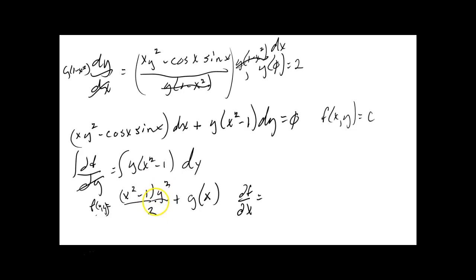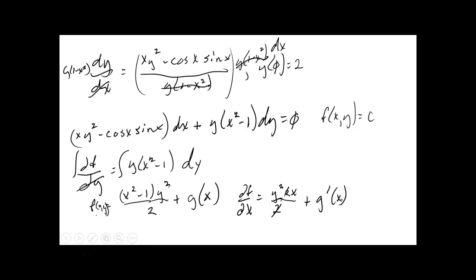the y squared over 2 is just a constant, so we'll treat y squared over 2 as a constant, and the derivative of this thing with respect to x would be 2x. Well, the 2's cancel out, and you just have xy squared, plus the derivative of that with respect to x would just be g prime of x.